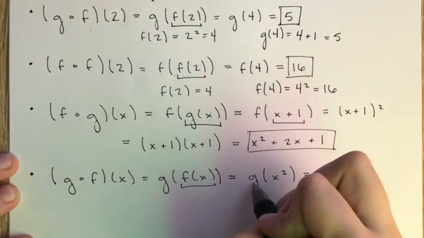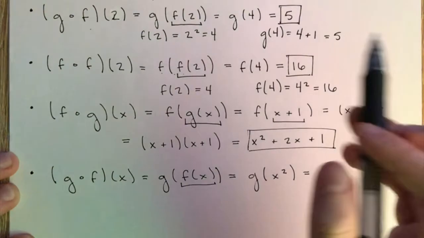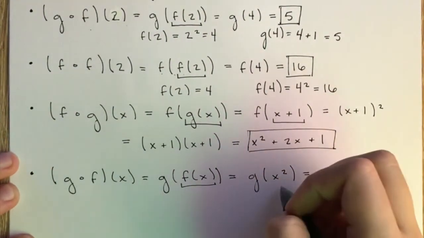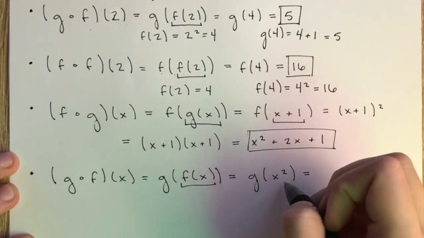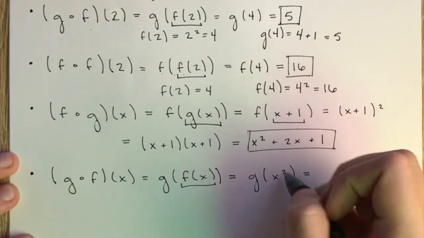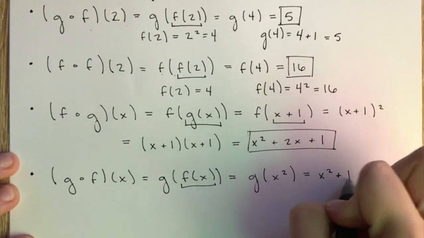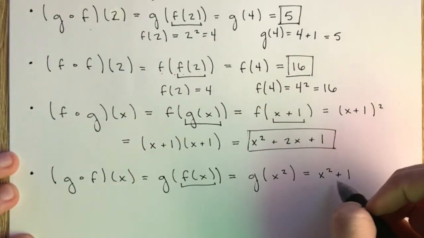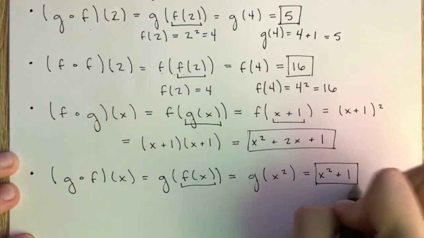So g of x² is, well, because g of x is x + 1, it means we're taking whatever we put in and adding 1 to it. So here we've put in x², so we're going to get out x² + 1. This is as simple as it's going to get, so this is our answer.